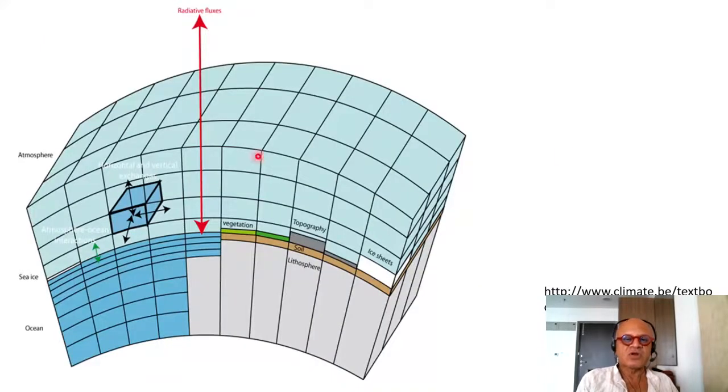Okay, so those are all the processes that are being done at each grid point, and then some fluxes have to be exchanged between neighboring grid points.